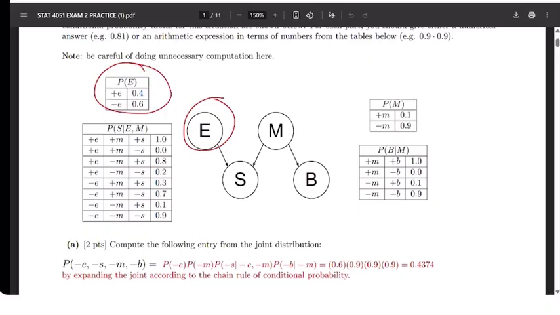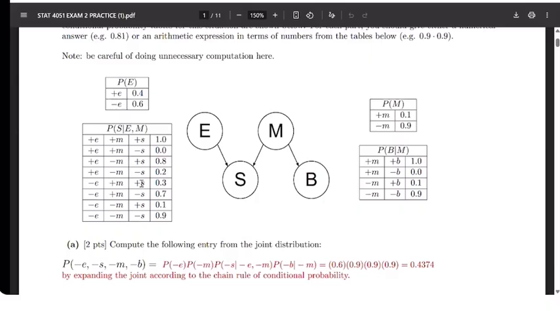Now, S depends on E and also depends on M. So if I want the probability of S given E and M, that is going to be 8 entries, 2 times 2 times 2.